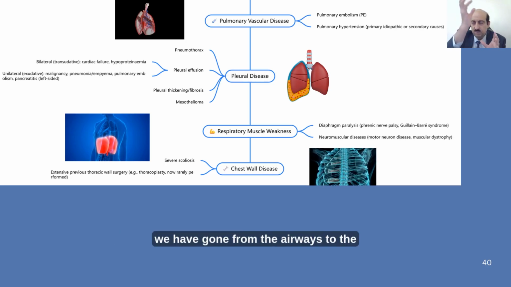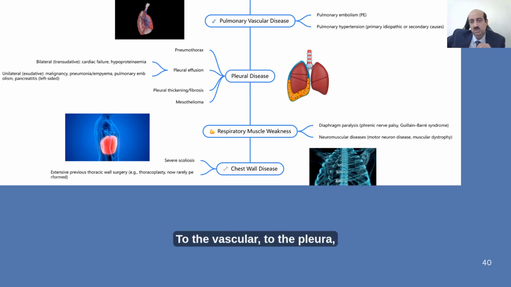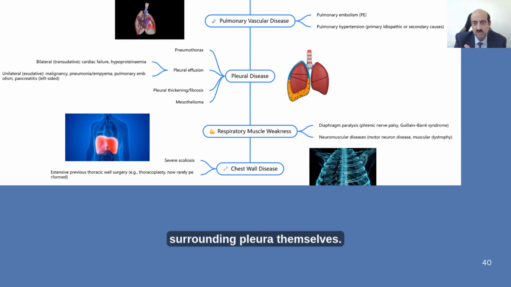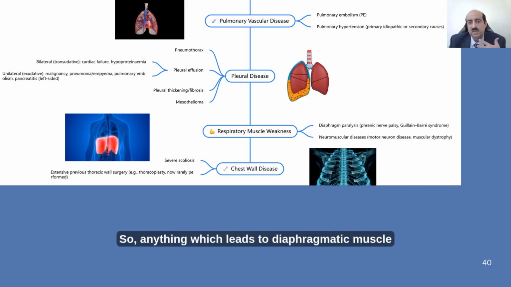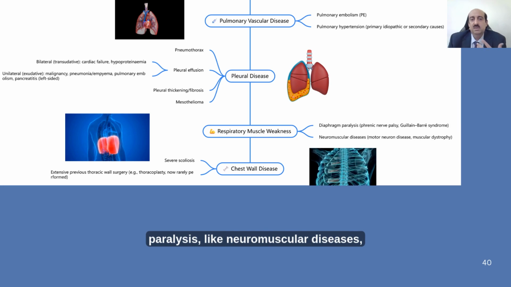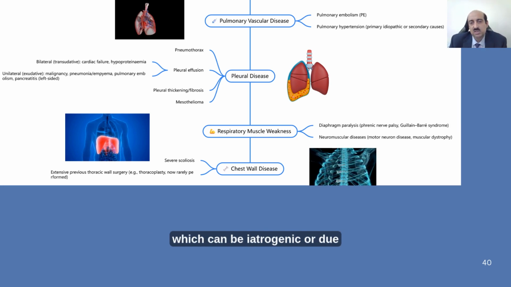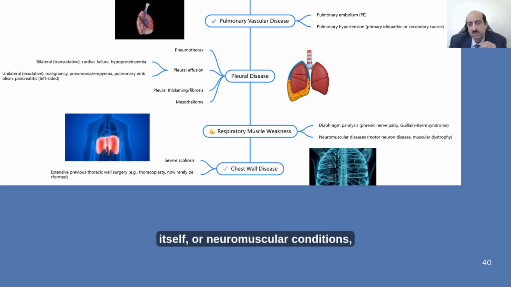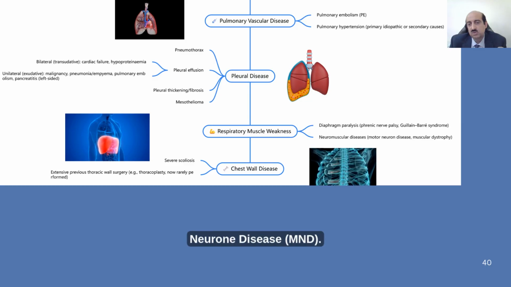Now we have gone from the airways to the interstitium to the vascular to the pleura. Let's come out of the lungs and the surrounding pleura themselves. Now we are talking about the respiratory muscle weakness. So anything which leads to diaphragmatic muscle paralysis, like neuromuscular diseases, Guillain-Barré, or phrenic nerve palsy, which can be iatrogenic or due to a primary disease itself, or neuromuscular conditions like muscular dystrophies or motor neuron disease.